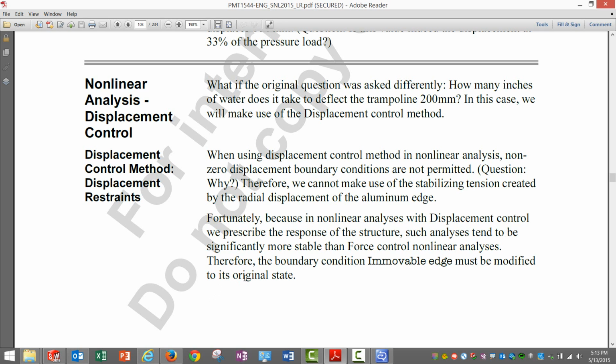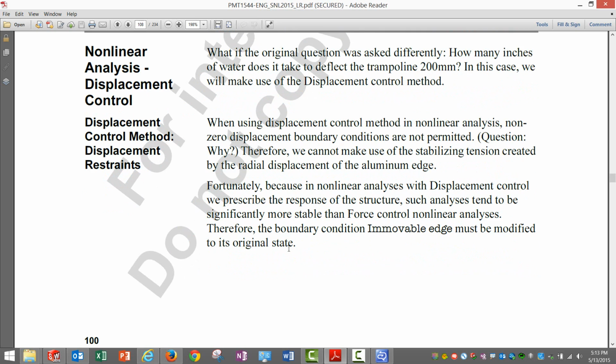If we just think in terms of common sense, we are controlling the displacements, or the result, so obviously the software does not permit us to give it as an input as well. You can think in that direction. Of course, it is true for all such solvers. And because of that, we cannot use that for stabilizing the model initially.